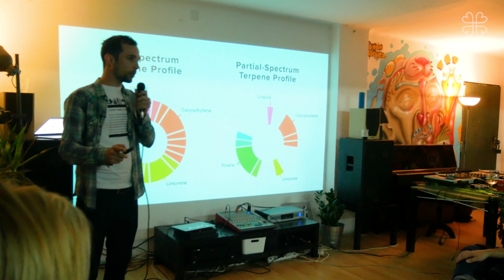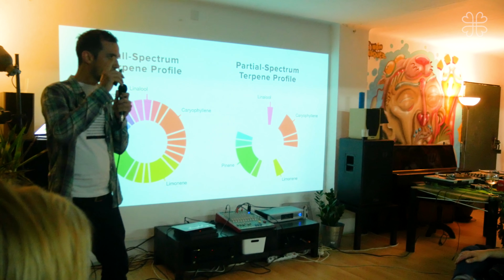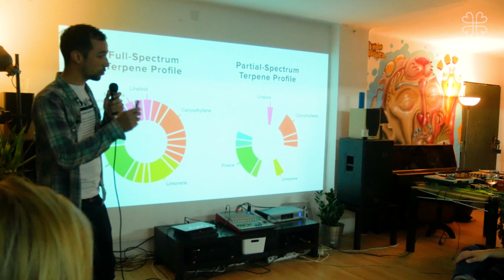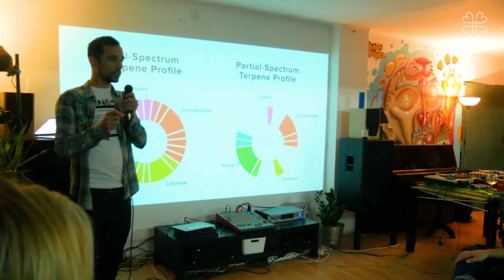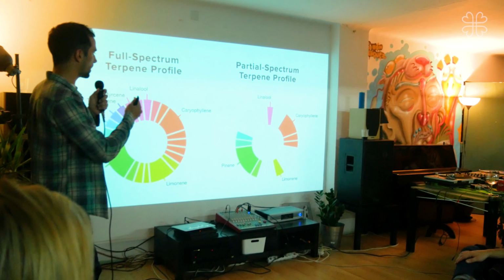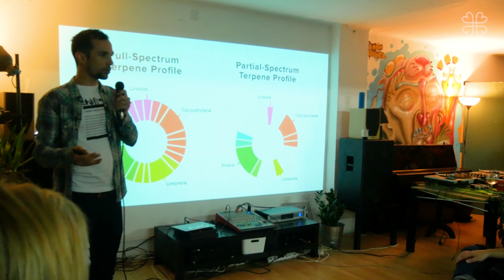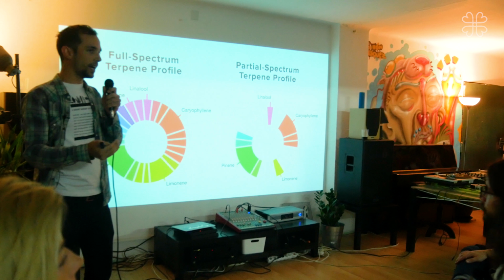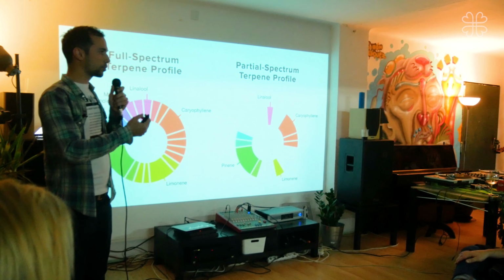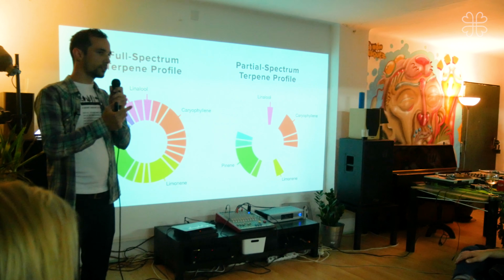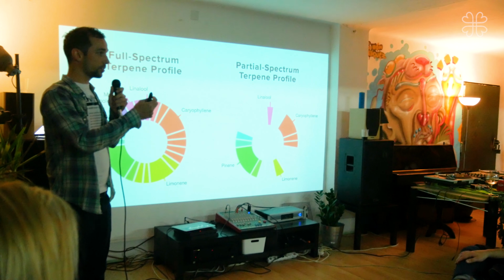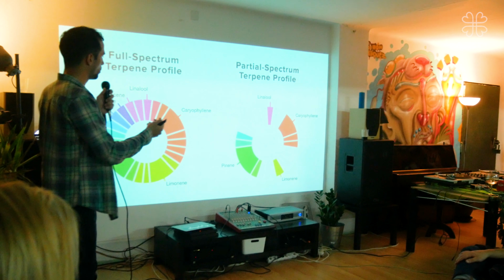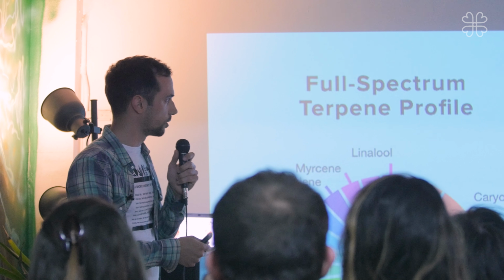There's something very important to remember when you talk about terpenes and products containing terpenes. It's how many terpenes exactly you have in your product. Because in a full spectrum terpene profile, when you try to get all the terpenes contained in a plant or in a strain of cannabis, you have hundreds of compounds.